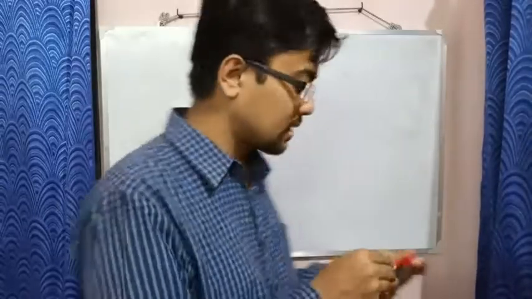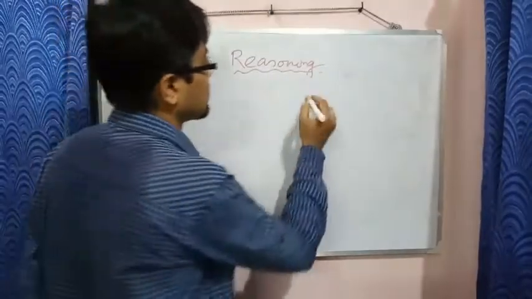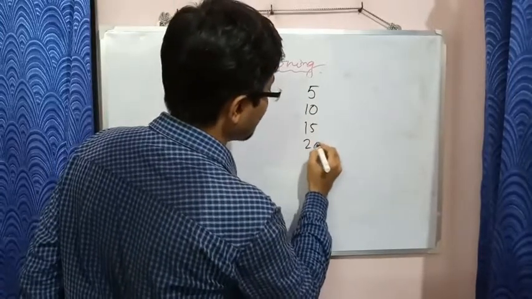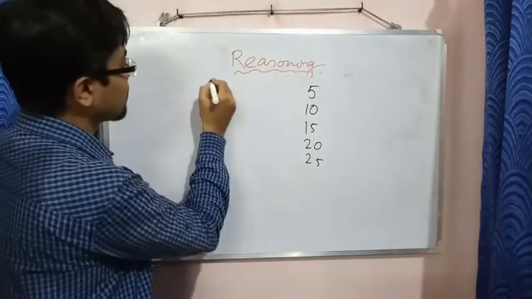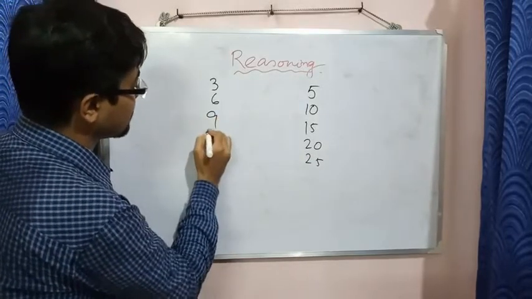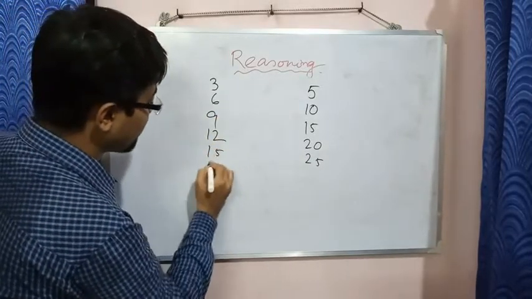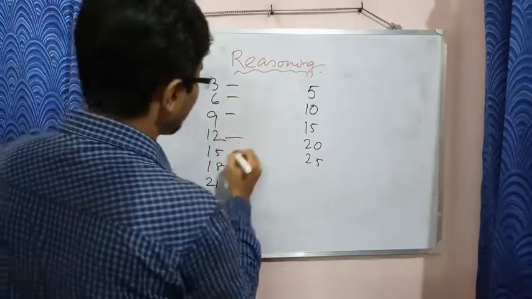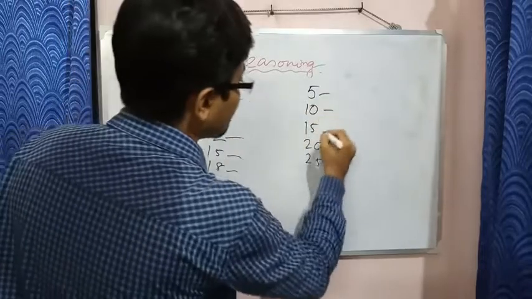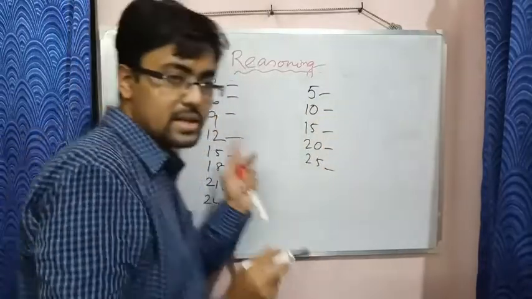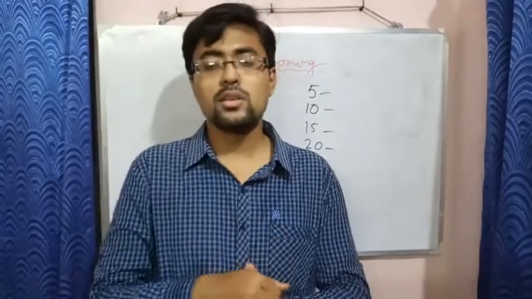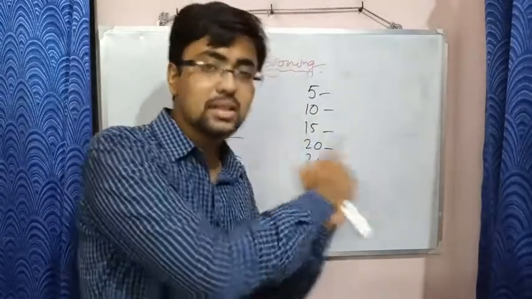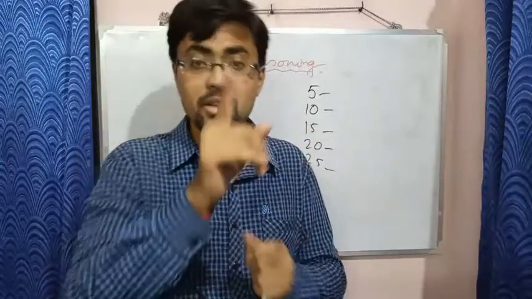Now one more trick. That means 5, 10, 15, 20, 25, and 3, 6, 9, 12, 15, 18, 21 and 24. Now listen very carefully. If you memorize these tricks, then in an examination hall you can easily solve any type of question from the alphabetical series or alphabetical order in a very fast way.